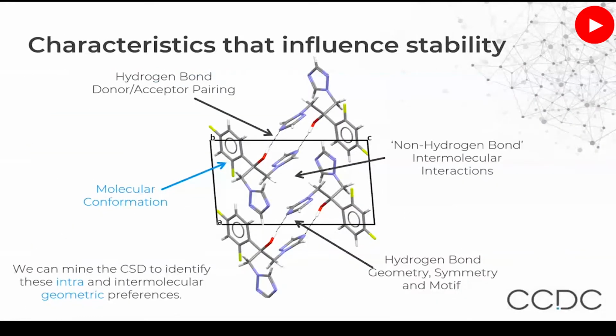So a number of different characteristics of the solid form can influence stability, as we can see on this slide. And you can see that molecular conformation is one of those influencing characteristics. So we can mine the CSD to identify intramolecular geometric preferences using Mogul.